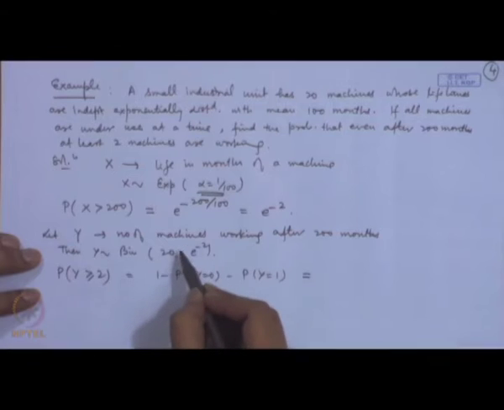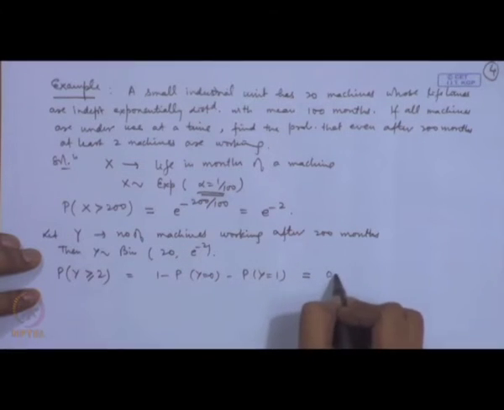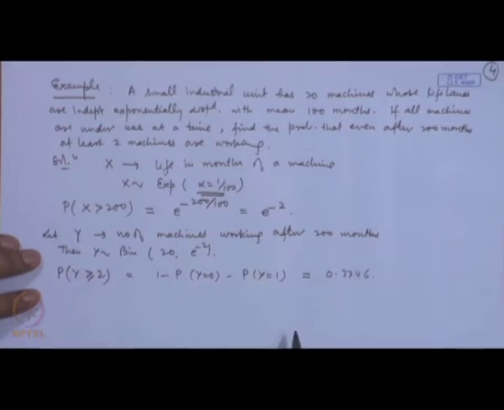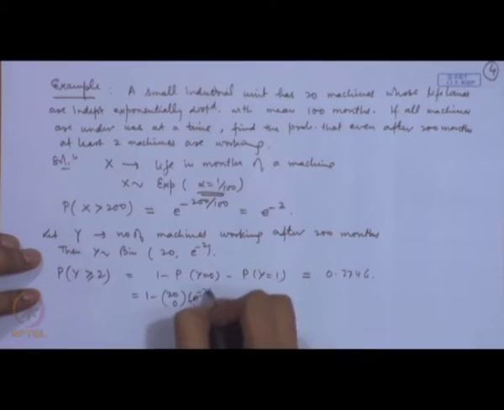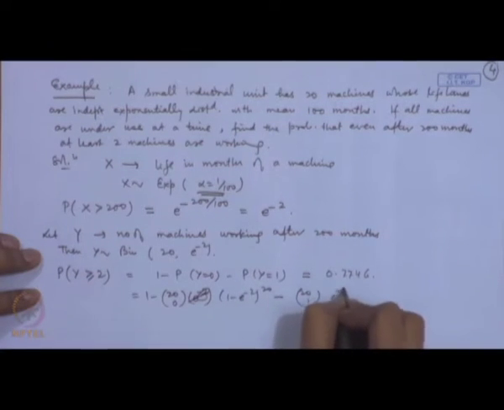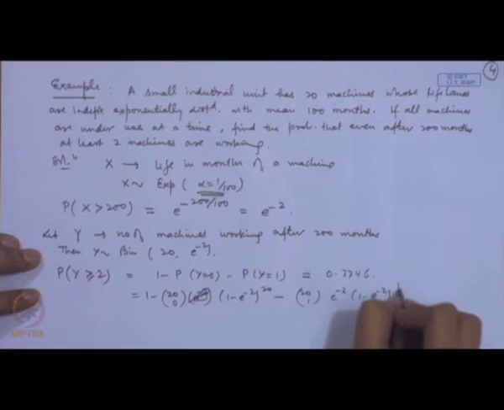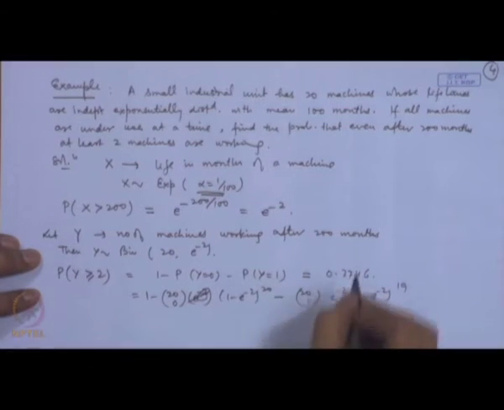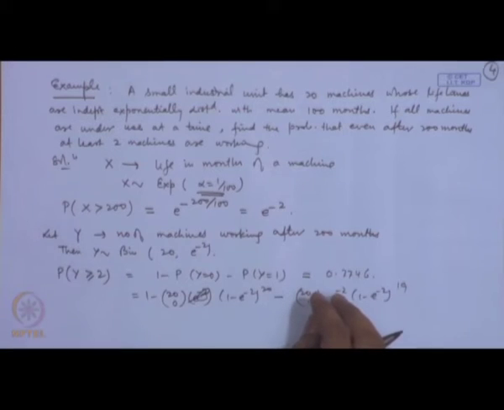Based on this binomial distribution we can evaluate it, it turns out to be 0.7746, because this is equal to 1 minus 20 C 0 (e to the power minus 2) to the power 0 (1 minus e to the power minus 2) to the power 20, minus 20 C 1 (e to the power minus 2) (1 minus e to the power minus 2) to the power 19. After evaluation this value turns out to be this.